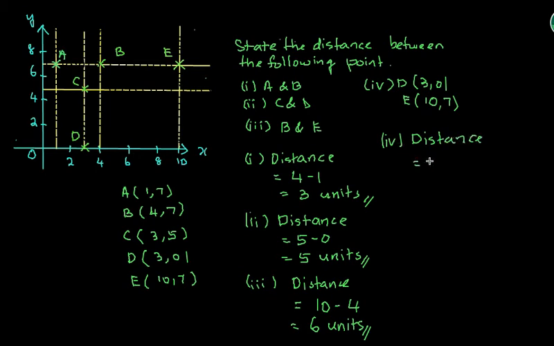So distance will be square root of (x2 minus x1) squared plus (y2 minus y1) squared. Which one is x2? Which one is x1? It doesn't matter. So I take 10 minus 3, squared, plus 7 minus 0, squared, all under the square root. So here we get 7 squared, and here also 7 squared, which is 49.